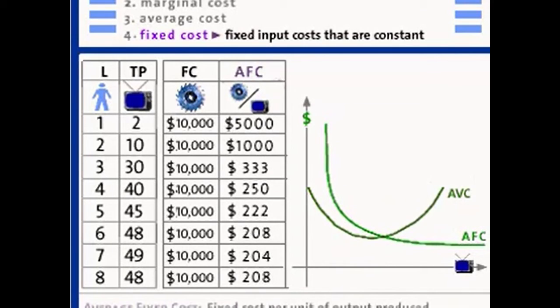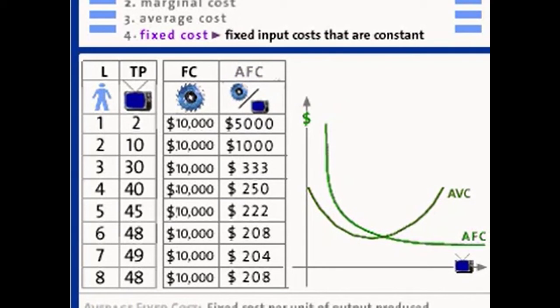The average fixed cost, which is the cost of your tools and your other fixed inputs, and the average variable cost, which is the cost per unit of the labor that you need to hire. Well, together, your variable costs and your fixed costs make your total cost of production. So if you have average variable cost and you add it to your average fixed cost, you're going to get your average total cost. The total amount that you have to spend on labor and everything else per television that you produce.